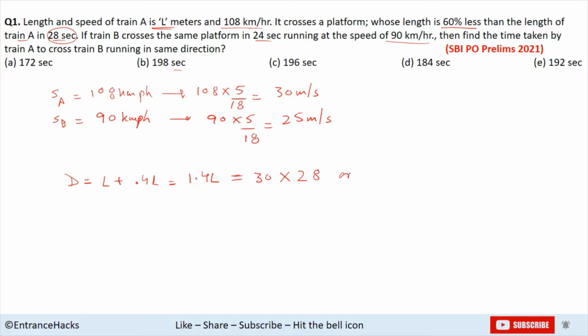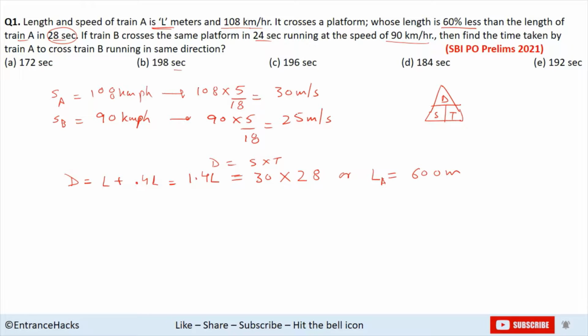So length can be calculated from this. We have used distance is equal to speed into time from this triangle. So length would be 30 times 28 divided by 1.4, which gives 600 meters. The length of train A is 600 meters.